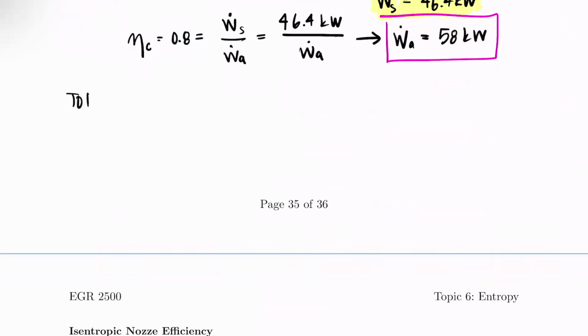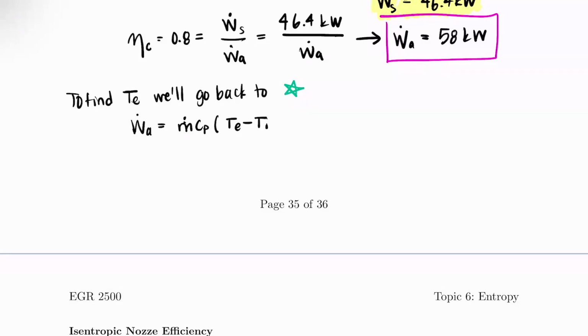To find the actual exit temperature, we'll go back to the starred equation. We had that W dot A is equal to M dot CP times TE minus TI, and now we have all of that information. So TE is equal to TI plus W dot A over M dot CP.